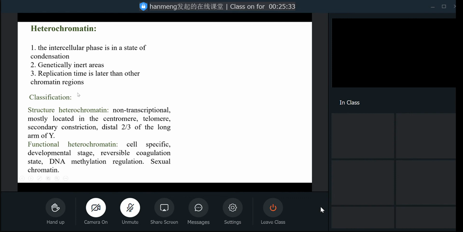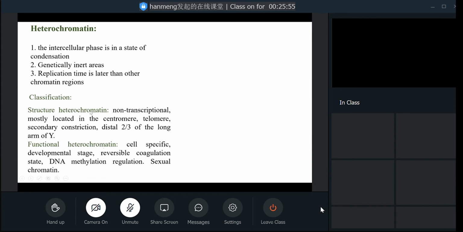According to the properties of the heterochromatin, it can be classified as structural heterochromatin and functional heterochromatin.